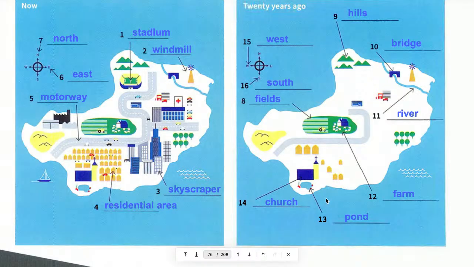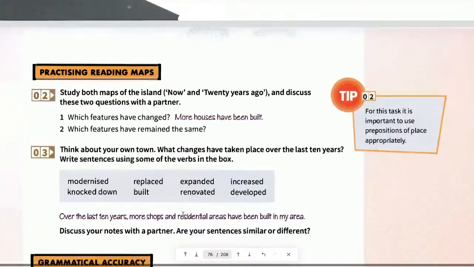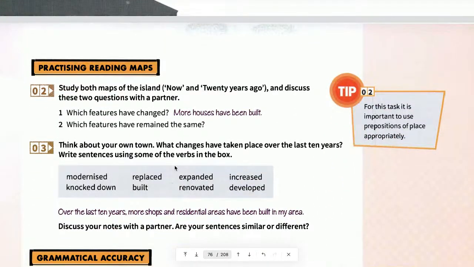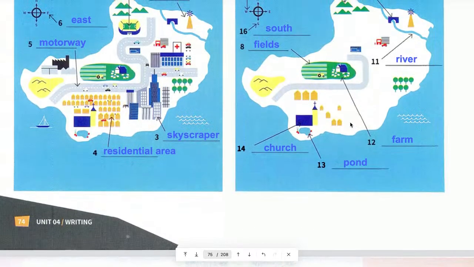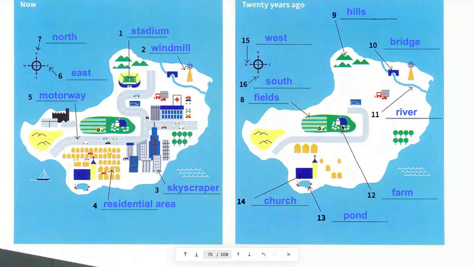And then first of all you can describe what you see there, and then you say what has changed and which features have remained the same. I mean unchanged. Okay? 20 years ago and now. Now and 20 years ago. 20 years ago we almost see nothing, right? On the island we almost see nothing there.